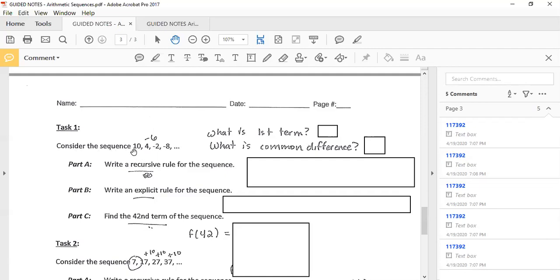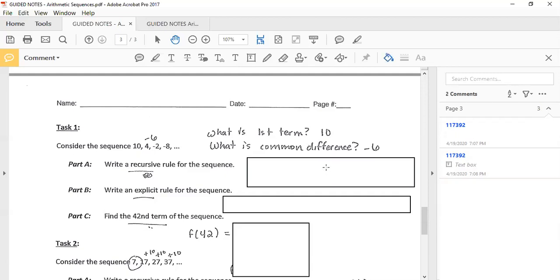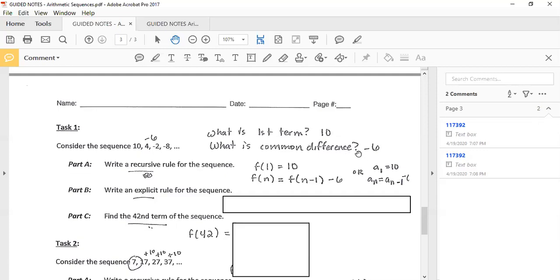All right, so task number 1, first term in the sequence. Yep, you got it, 10. And the common difference here, I already have it kind of written there, is minus 6, okay? So if I'm writing a recursive rule, I'm going to say f of 1 is equal to my first term, which is 10. And then I'd say f of n minus 1, and then my common difference here is minus 6, okay?